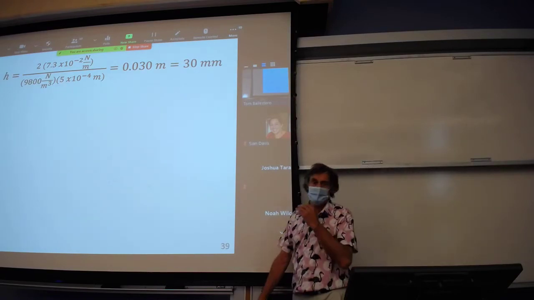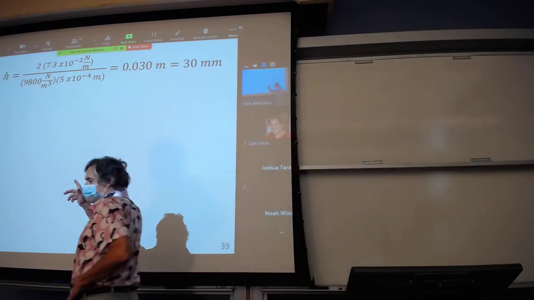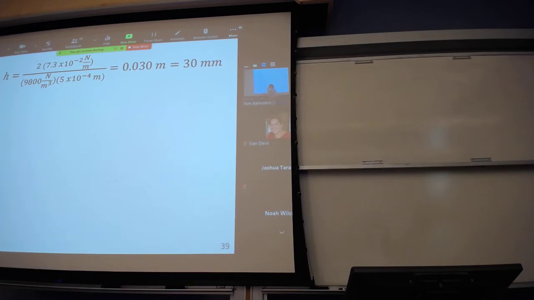Okay, so this is the equation we just theoretically developed. H is equal to 2 times the surface tension divided by specific weight times radius times cosine of theta. 2 sigma over gamma r cosine theta. So we know everything on the right-hand side. 2 surface tension in the numerator, specific weight in the denominator. And we said that the radius of the pore size was 0.5 millimeters, which is 0.0005 meters.